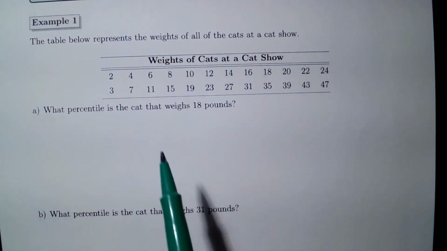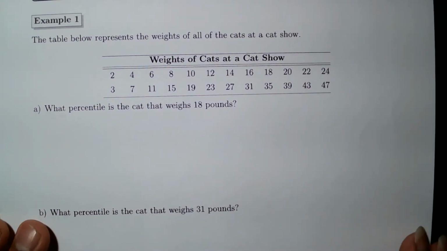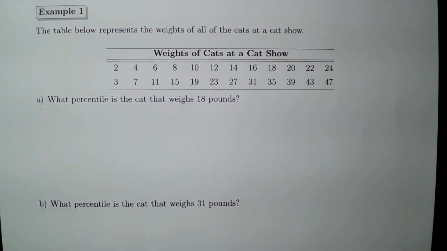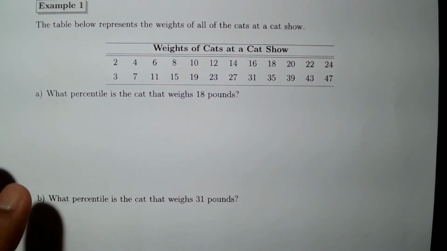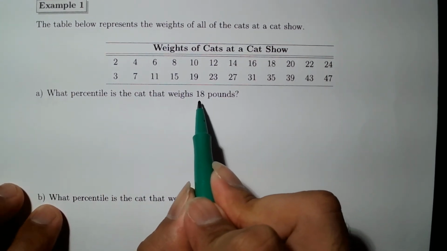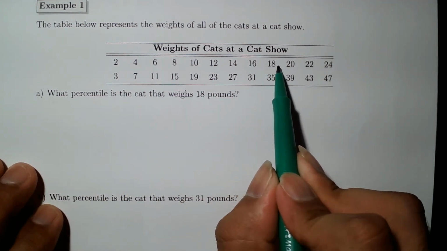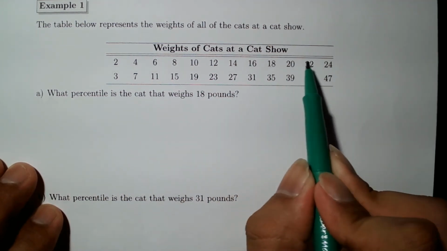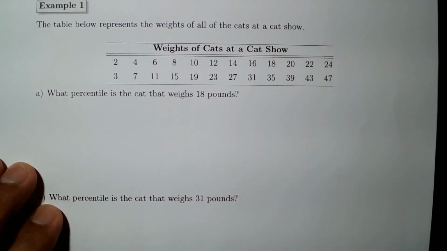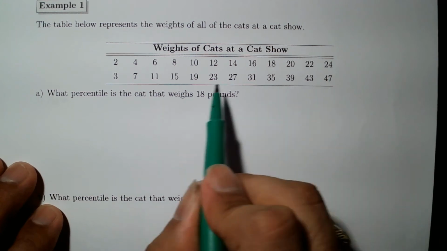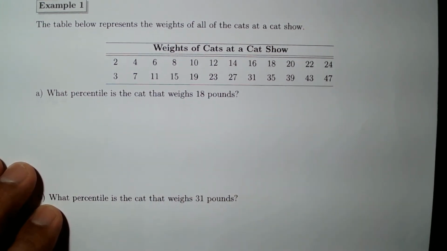So in this case, we're going to look at which cat is at a certain percentile. What percentile is the cat that weighs 18 pounds? By looking at the data, it's almost 50%, depending on how big the numbers are increasing.